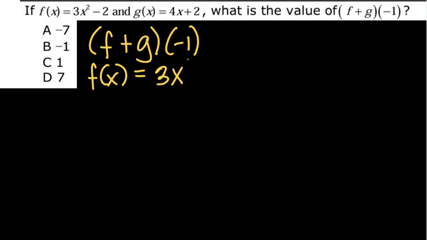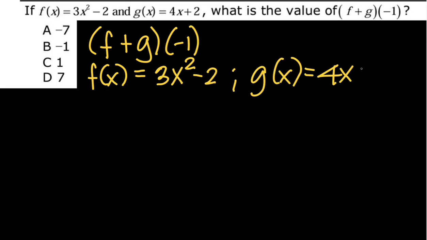F of x is equal to 3x squared minus 2 and g of x is equal to 4x plus 2. And we are asked to find f plus g of negative 1. So that means we need to add the two functions first, then evaluate the new function with the value of x, which is negative 1.